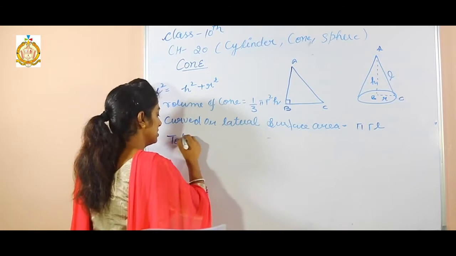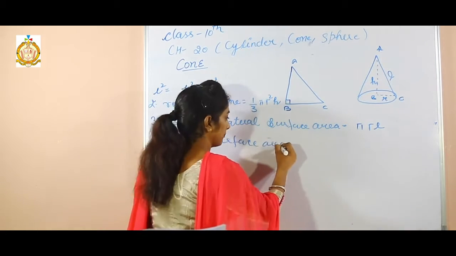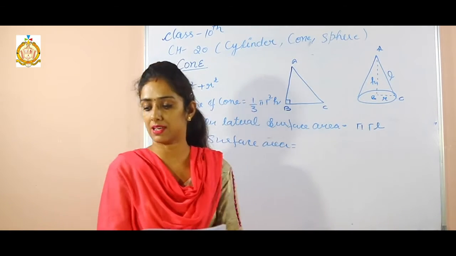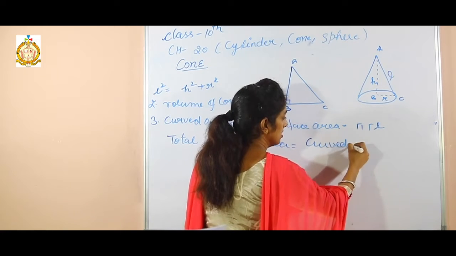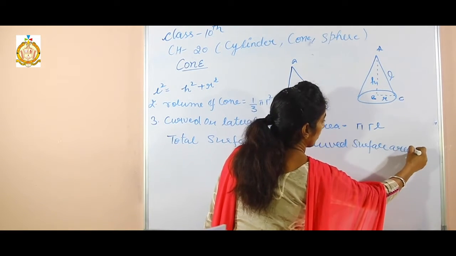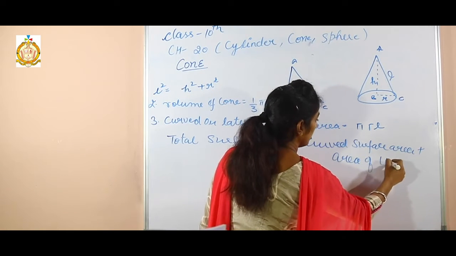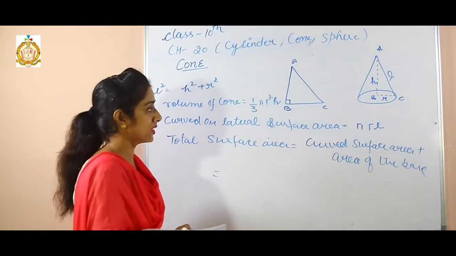And the total surface area is the curved surface area plus the area of the base. Now, what is the curved surface area?